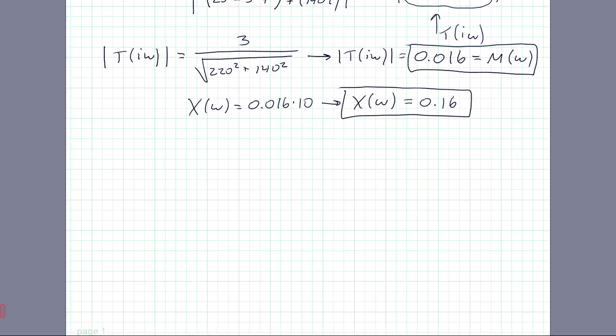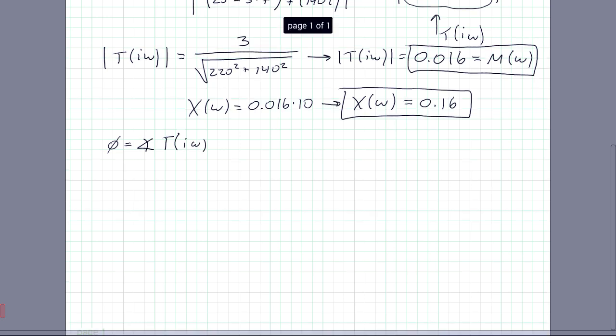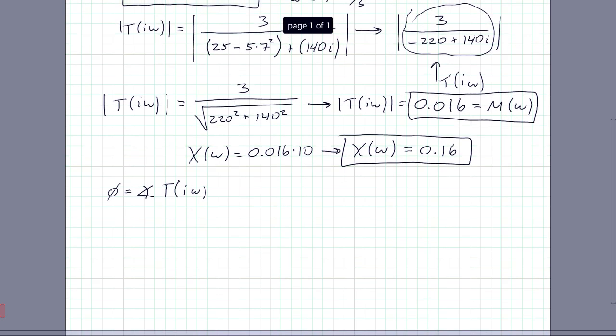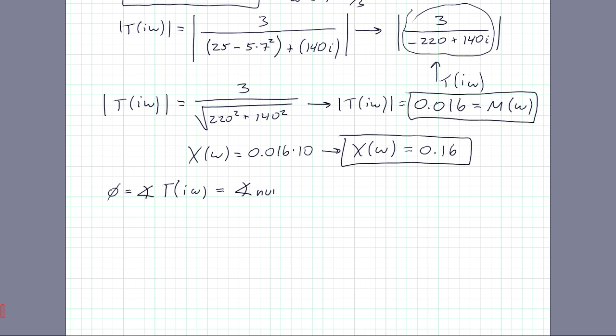Secondly, we're going to do the angle. The angle phi is basically going to be the angle of our frequency transfer function. I'm going to scroll back up so you can see it. There's your frequency transfer function up there. Basically that's going to be the angle of the numerator minus the angle of the denominator.